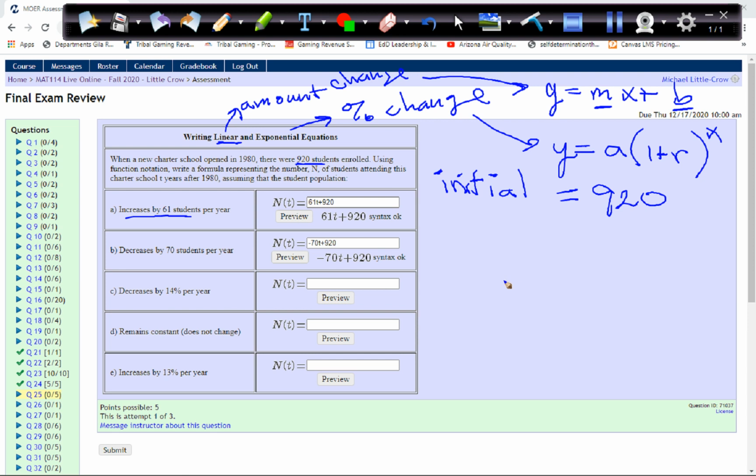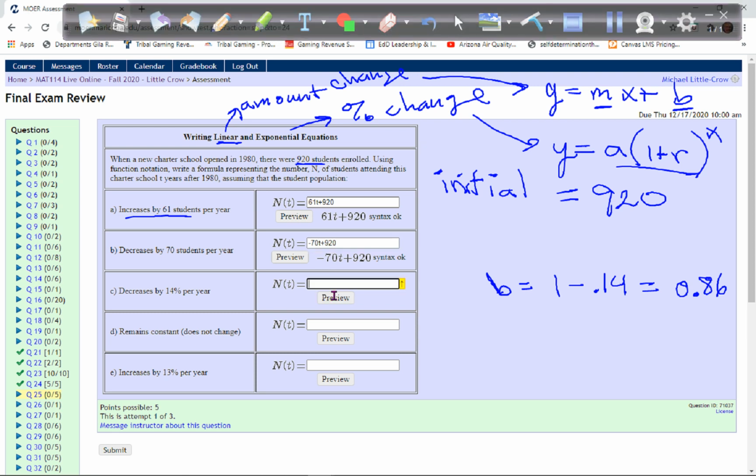But 14%, remember, to get our rate, or to get our base, we're going to take 1 minus the rate, 14%. So we're decreasing by 14%. That's going to be 0.86. Okay. And so remember our format for exponentials.